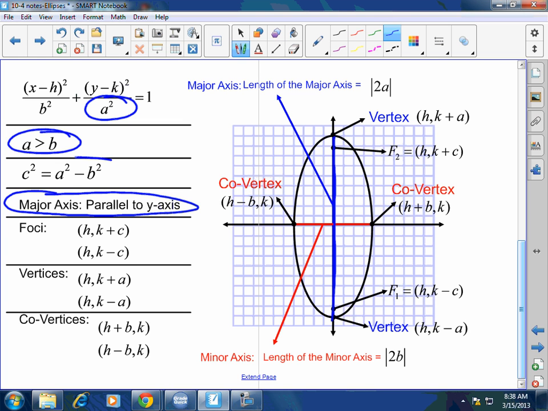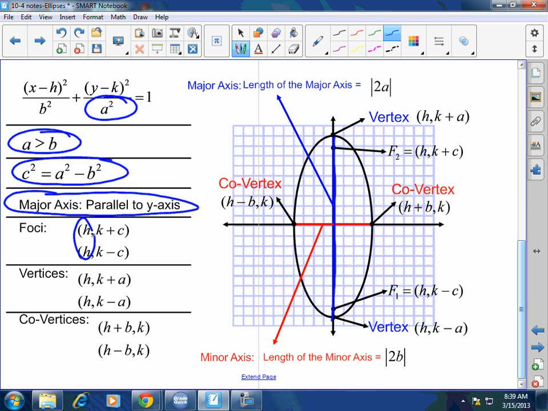C squared still equals A squared minus B squared. No biggie. The foci, the vertices, and the covertices, everything switches now. The foci now is H comma K plus C and H comma K minus C. The vertices, H comma K plus A and H comma K minus A. The covertices, H plus B comma K and H minus B comma K. Notice the pattern.